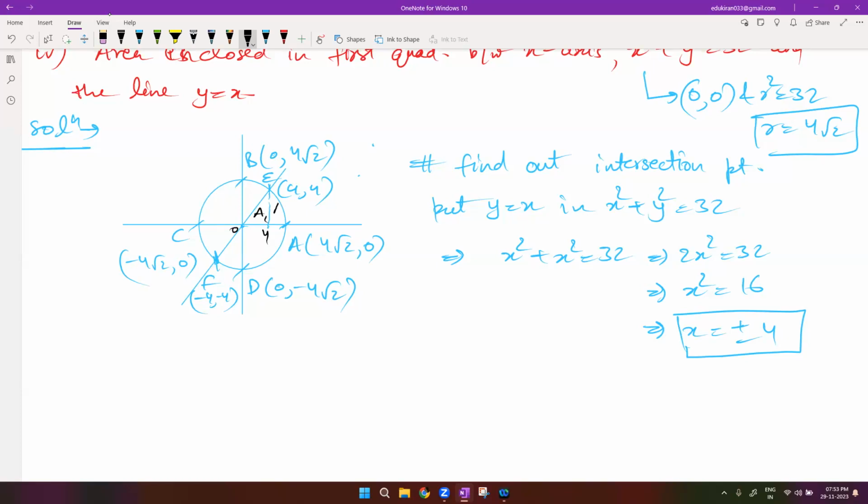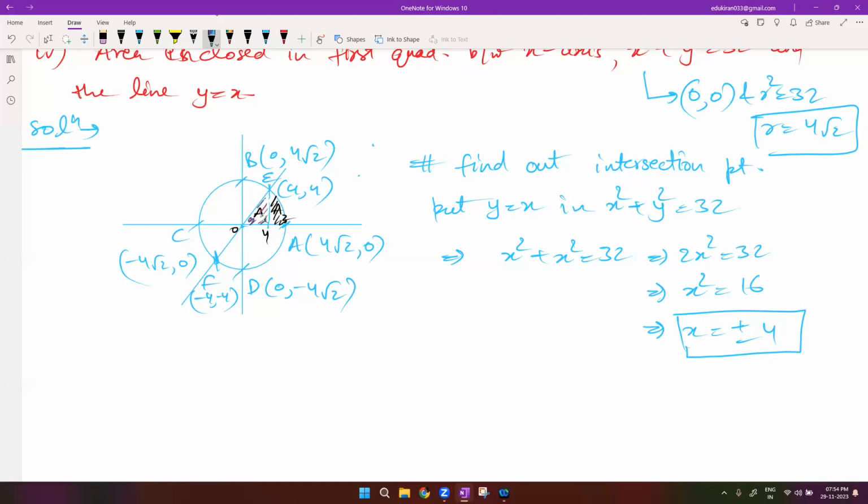Now focus on A2. I need to find A1 plus A2, right? A1 will be found using integration of this line from 0 to 4, and A2 is the area under the circle. See, this is the area under the circle, and this is the area under the line.